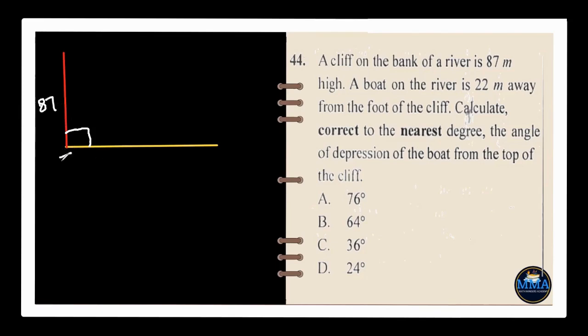This is the foot. This is where the boat is. And the distance the boat is from the foot of the cliff is 22 meters. So we are going to complete that line now to form a triangle. So we have this.